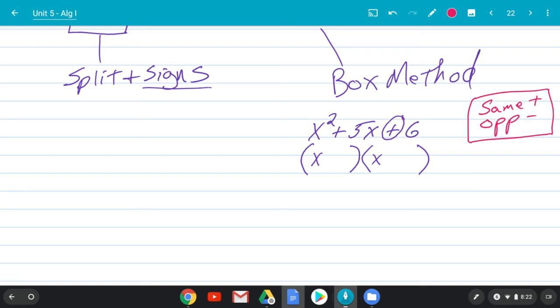So this last sign is positive. I know my signs in these two sets of brackets are going to be the same. And that tells me they're going to be the same. It doesn't tell me positive or negative. It tells me they're going to be the same. Then I look at this sign, and I see what they're going to be. In this case, they're both going to be positive.